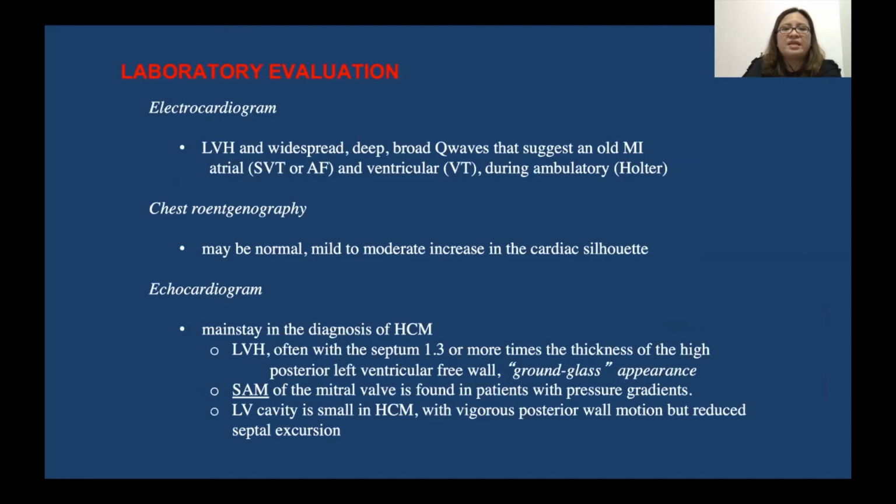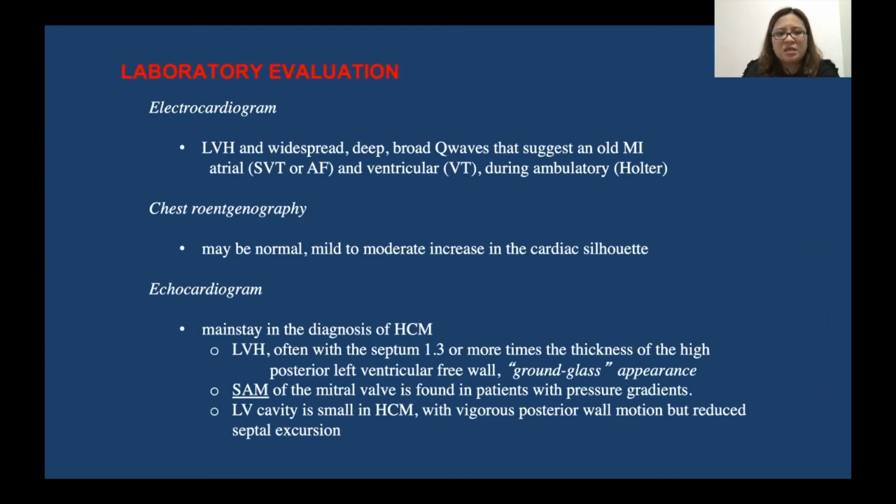After the clinical evaluation, we need to request diagnostic tests such as ECG. You can appreciate LVH with widespread deep broad Q waves suggesting an old MI, and the presence of atrial and ventricular arrhythmias during ambulatory Holter monitoring. On chest X-ray, it may be normal, but you can see a mild to moderate increase in cardiac silhouette. 2D echo is the mainstay in the diagnosis of HCM.